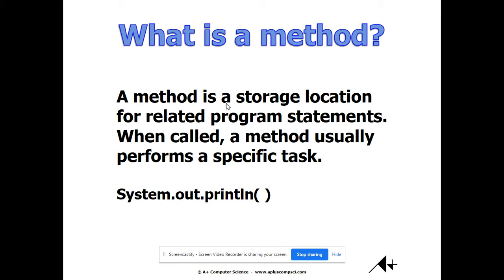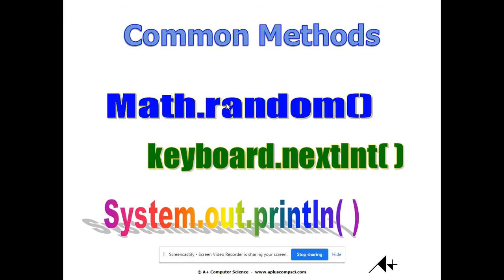In this instance, it's going to print something out. Now, there's lots of different kinds of methods. We're going to do Math.random next class. But you've seen this one. Remember we were doing a Scanner class, and we had nextInt or nextDouble or just next or nextLine. Also println, System.out.println. Println is a method. So you've been using methods, you just didn't realize it.